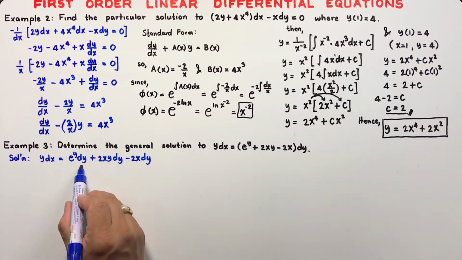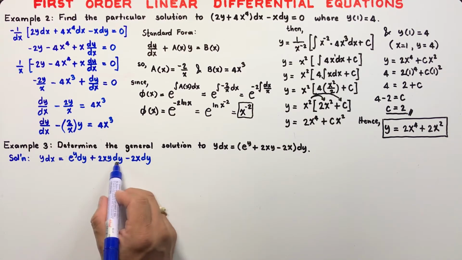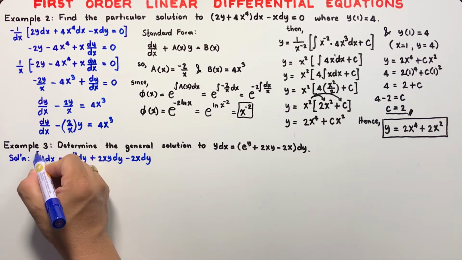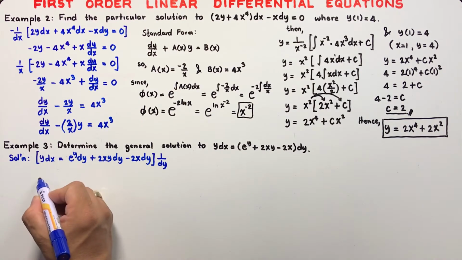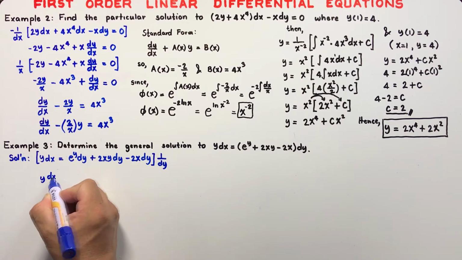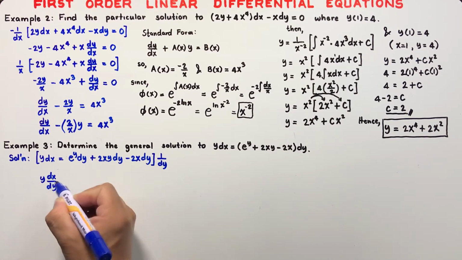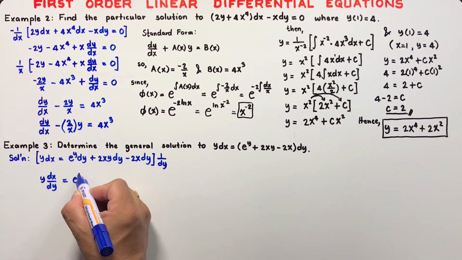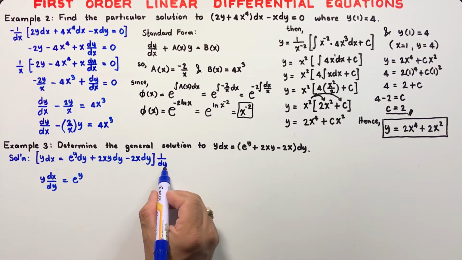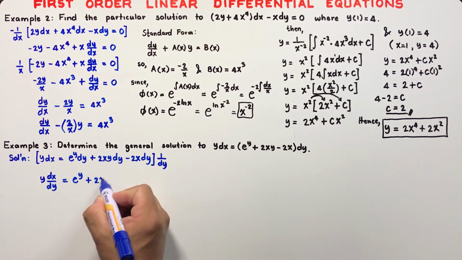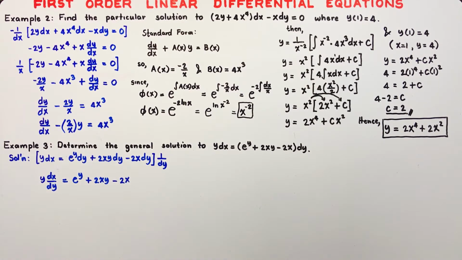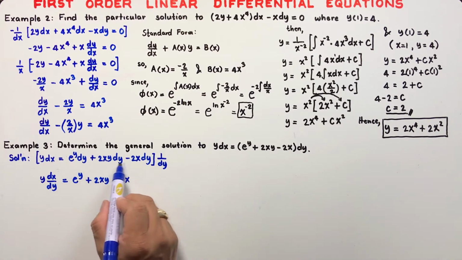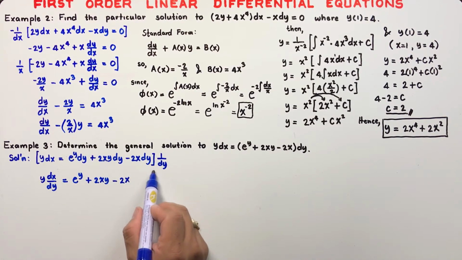So we need to eliminate these dy's in these 3 terms by multiplying each term in the equation by 1 over dy. So we have y dx over dy equal to e to the power y, because this dy cancels with this, plus 2xy minus 2x, because all of these dy's are cancelled with this dy here.